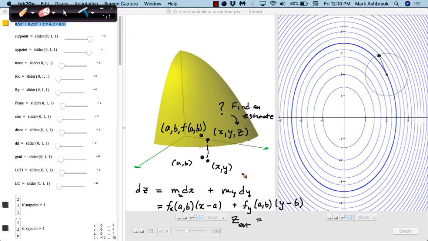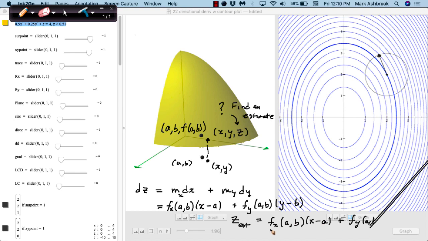So then our z estimate would be, did anyone get it from there? Megan, did you get it from there? How would I use that to get the z estimate for this new point? Okay, good. So it would be f of (a, b). So I'll write the dz first. So it's going to be the dz. I don't want to erase, but I can't go to the borders here.